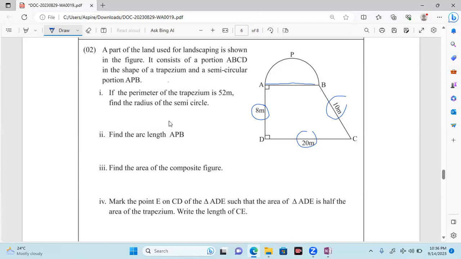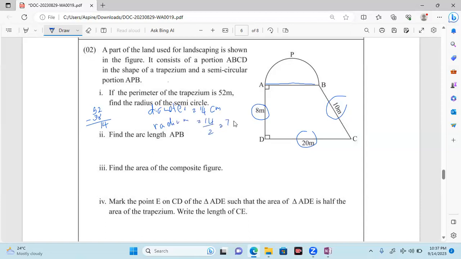Then 10 plus 20, it is 30, 30 plus 8, 38. What is the distance between A and B? That means diameter AB. Then 52 subtract 38, it's 14. Okay. This is the diameter. It is 14 centimeters. To find the radius, divide 14 by 2.